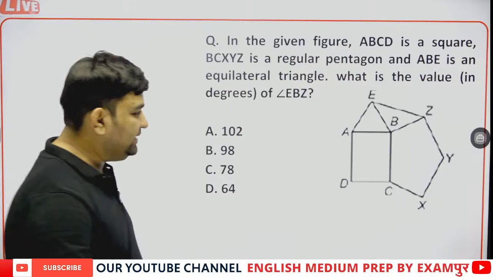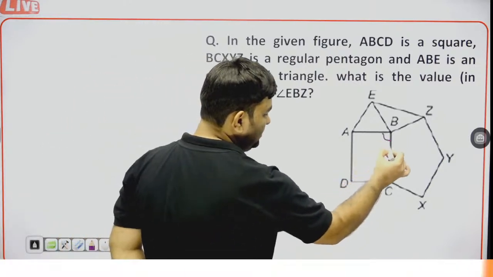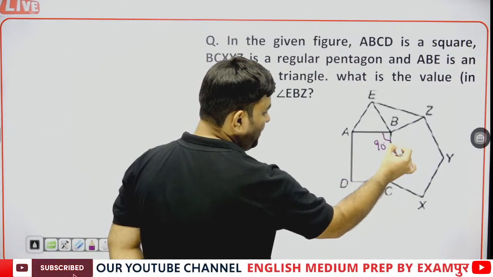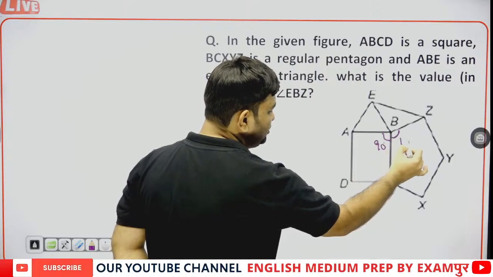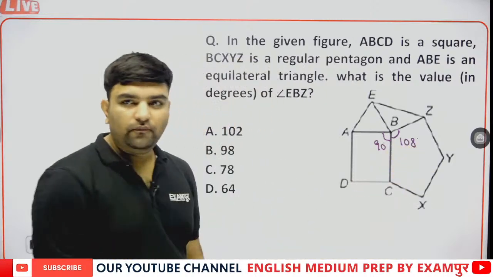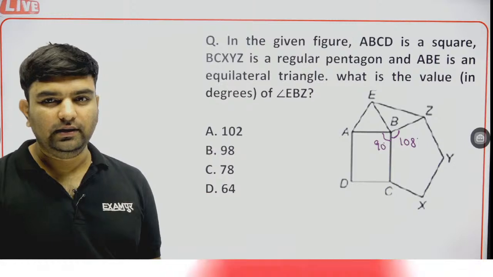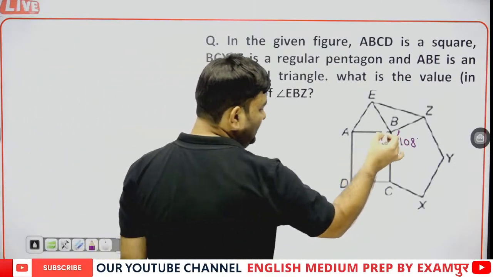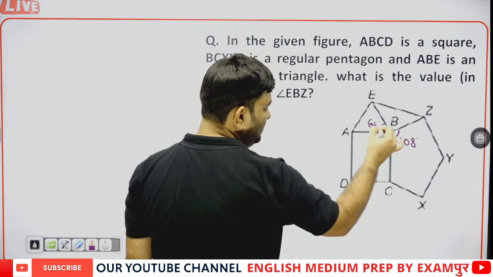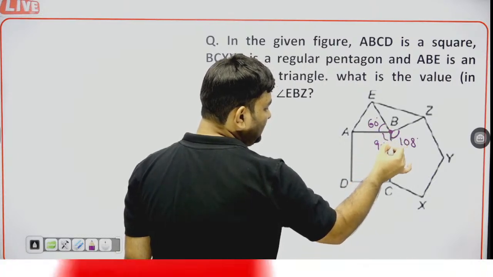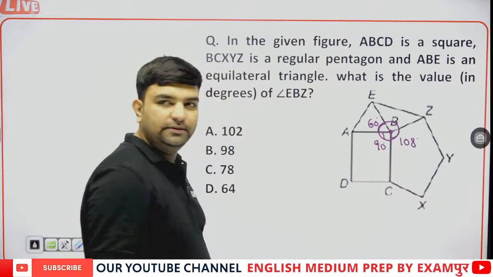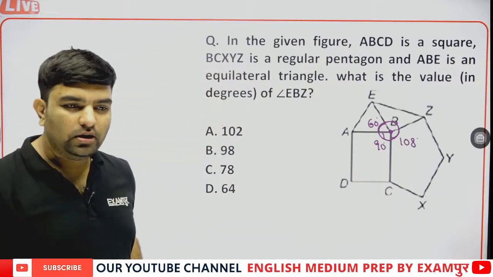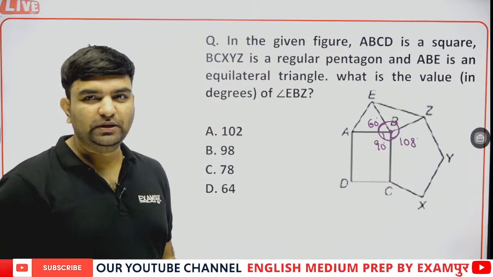For a square, each angle is 90. For a pentagon, each interior angle is 108. For an equilateral triangle, each interior angle is 60. And around the point, the complete angle should be 360.